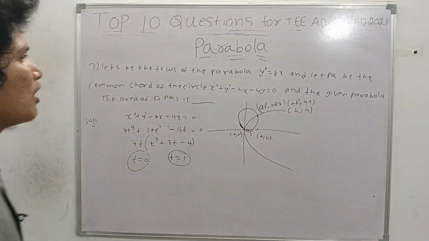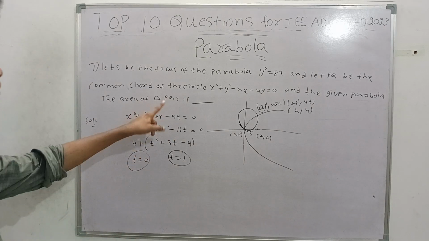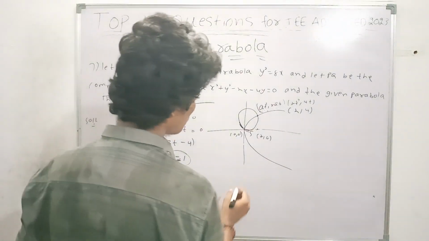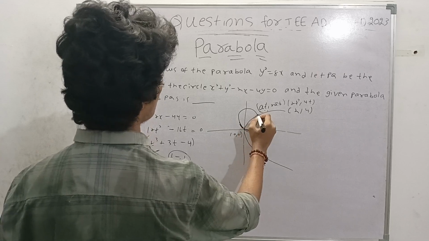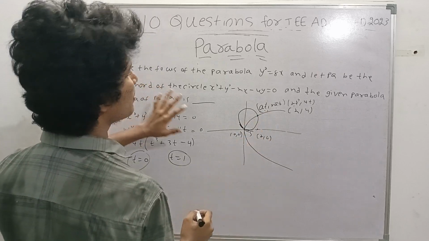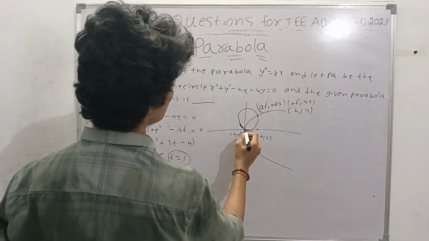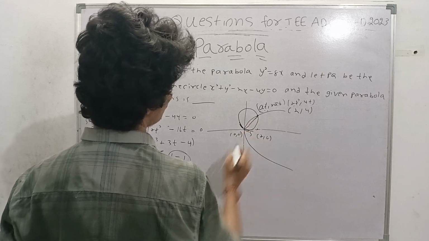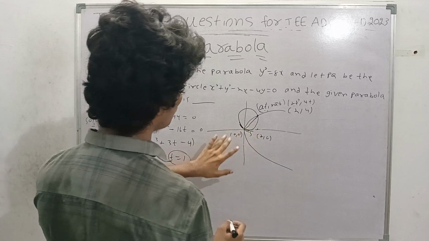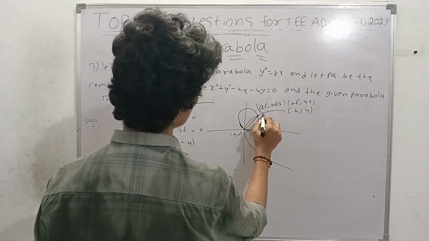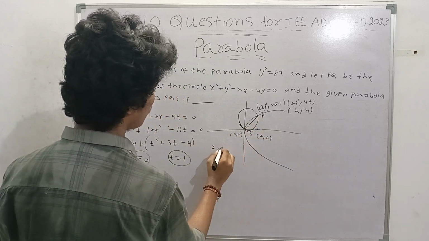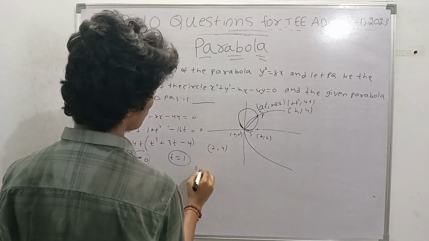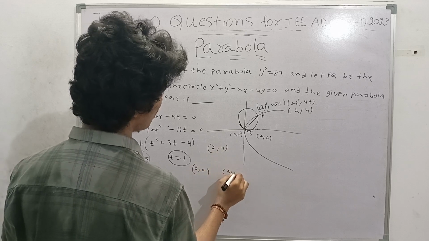Now what they are asking is the area of triangle PQS. This is point P, and this is the common chord of the circle. So P, Q and S: 2 comma 4 is one point, 0 comma 0 is another point, 2 comma 0 is another point.